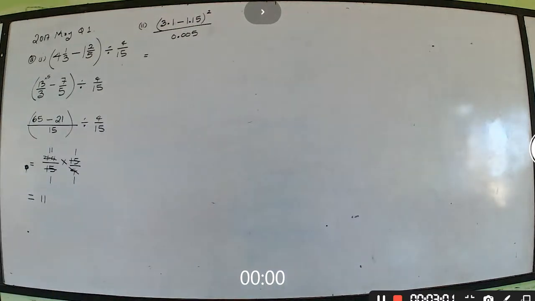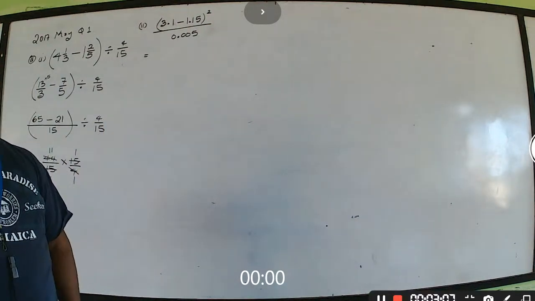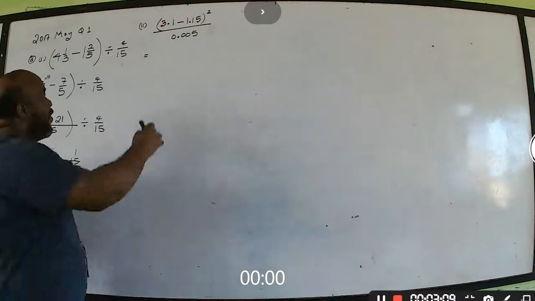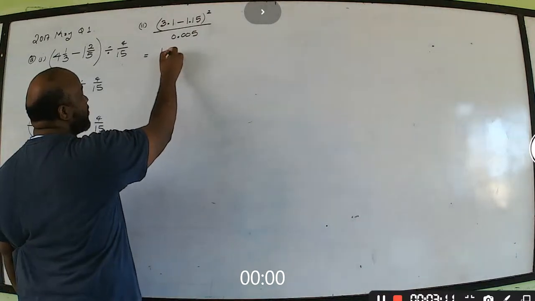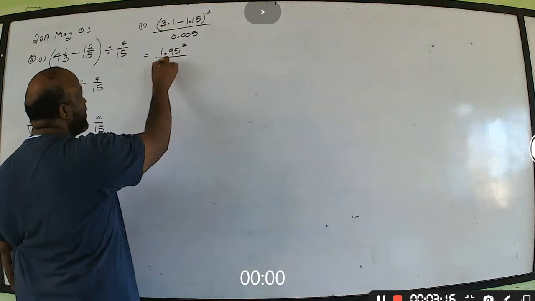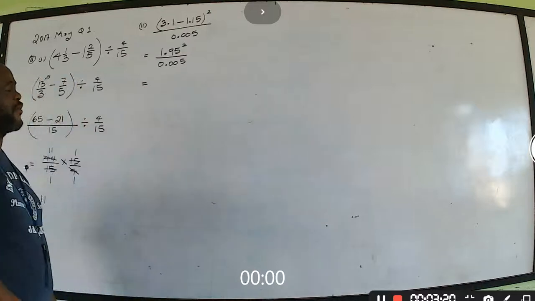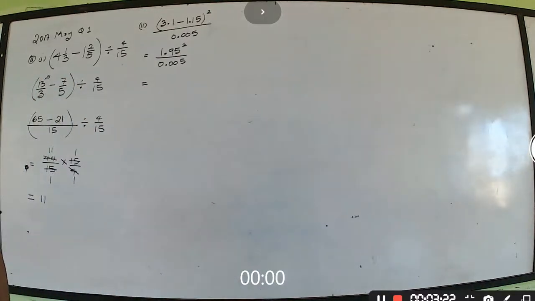BODMAS says we must deal with whatever is in the bracket first. So inside the bracket, when you subtract, what do you get? 1.95 squared, divided by 0.005. We have powers and we have division. Which one must be done first?